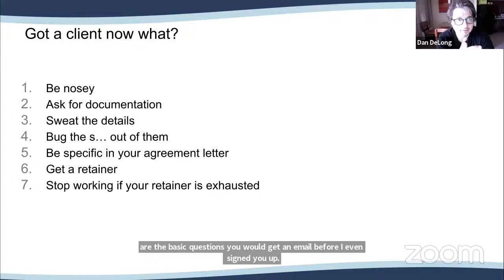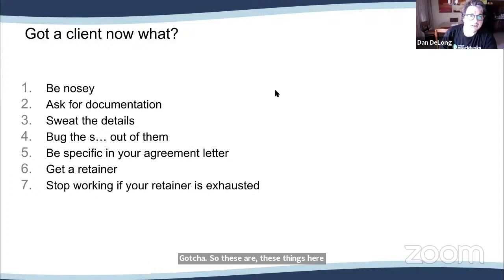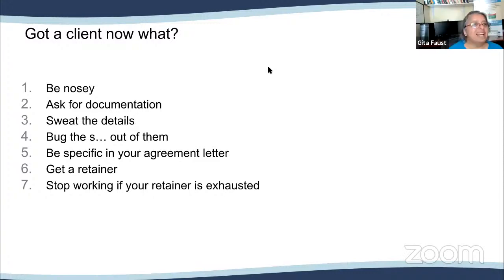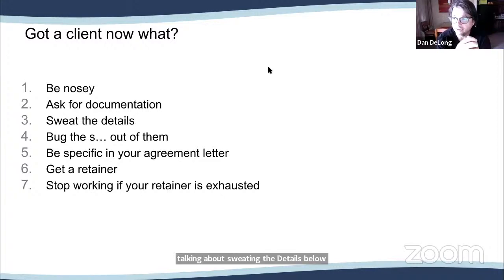Gotcha. So these things here on the slides are about getting a client. You talk about being nosy, right? Get into stuff, ask for those documentations. You said something yesterday when we were talking about sweating the details, because as a trusted advisor, you're going to be guiding them through this process.